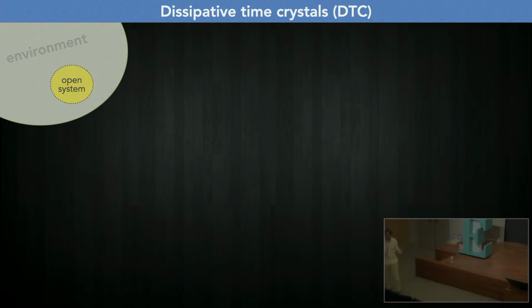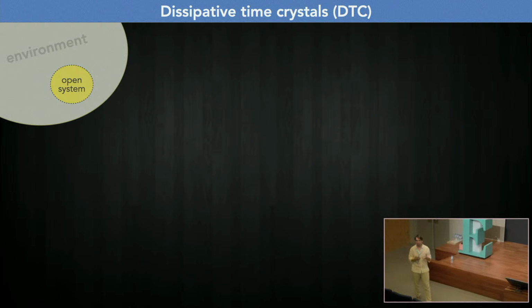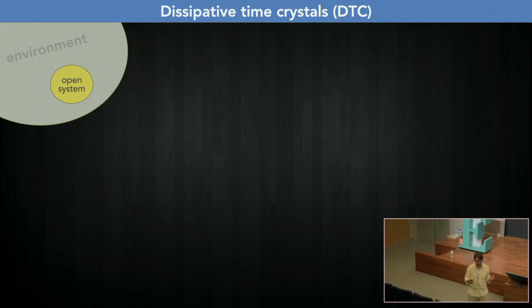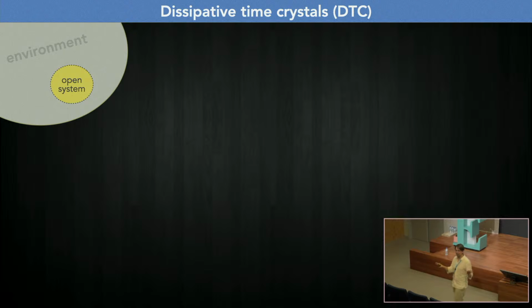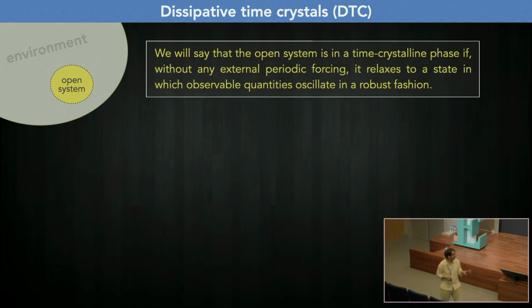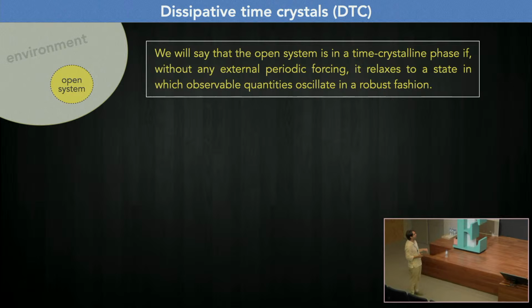OK, so in this context, what is a time crystal, what we call dissipative time crystals? After what I have explained, I can give you a definition that is not mathematical at all. We will say that an open system is in a time crystalline phase if, without any external periodic forcing, which essentially means that the master equation is time independent, so there is no explicit time dependency, that means the system is invariant under time translations.